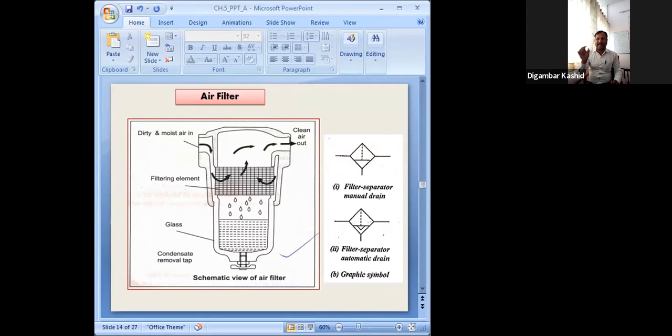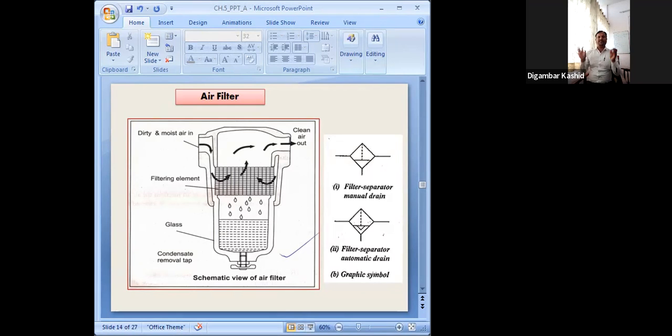Okay, because the air which is coming will go inside this air filter, and the clean air delivered by this filter will go inside the regulator.